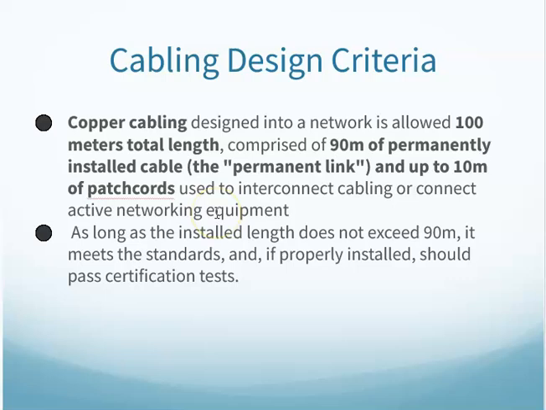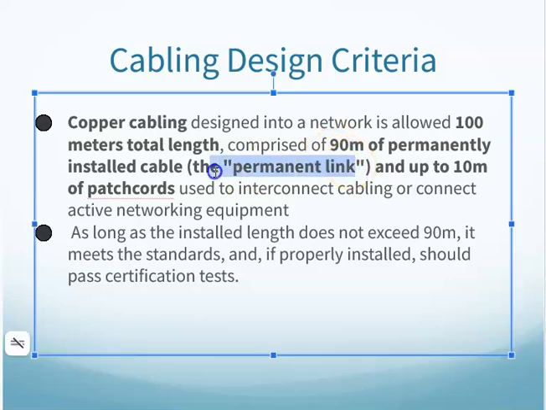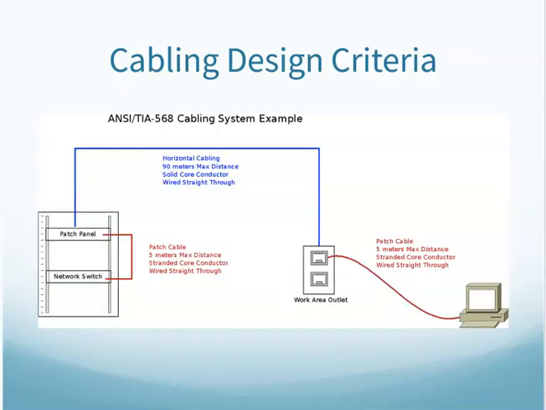And here's a reminder about the copper cabling, designed to run 100 meters in length, comprised of 90 meters of permanent link. That's the horizontal permanent link that we install and leave there, and then 10 meters of patch cables. So the 90 plus 10 gives you the 100 meters max for unshielded twisted pair. And the idea behind all this is, if I keep it below that length, my cabling should pass certification tests. Here's that structure again.